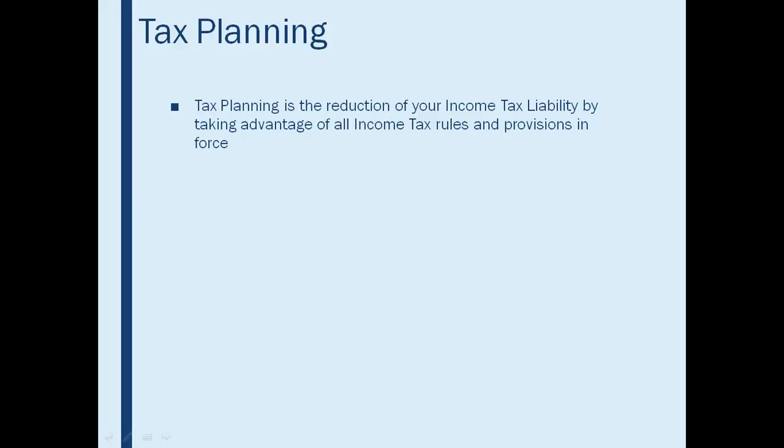Ideally we should pay income tax based on our income position and also taking the benefit of all the rules and provisions. If by following some rule you are able to reduce your income tax liability, then you need to really consider it and reduce your income tax liability. That is a very well accepted concept.